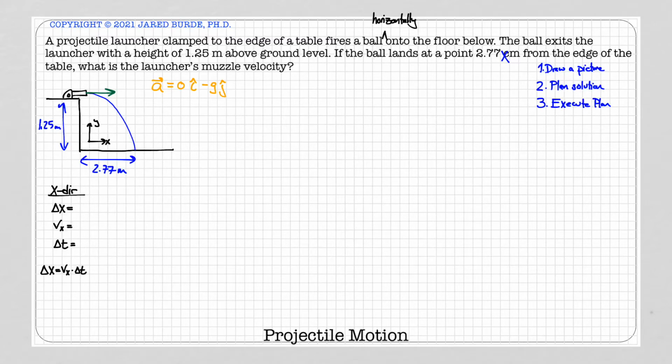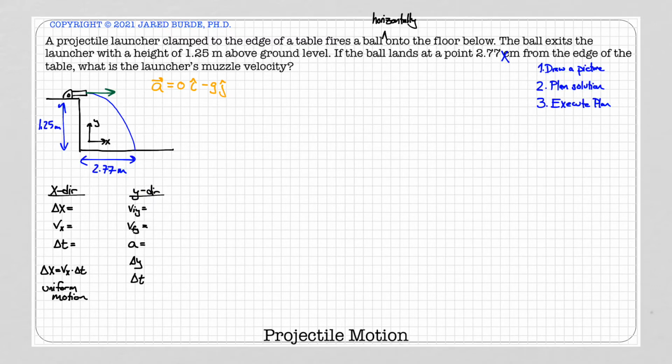And so our motion in the x direction is uniform motion. So we only have 3 variables. There's really only one equation for us to use, which is distance is speed times time. In the y direction, we have an acceleration. This is our free fall acceleration due to the influence of gravity acting on the ball as it flies through the air. And so that's going to be a constant acceleration equation problem for us.